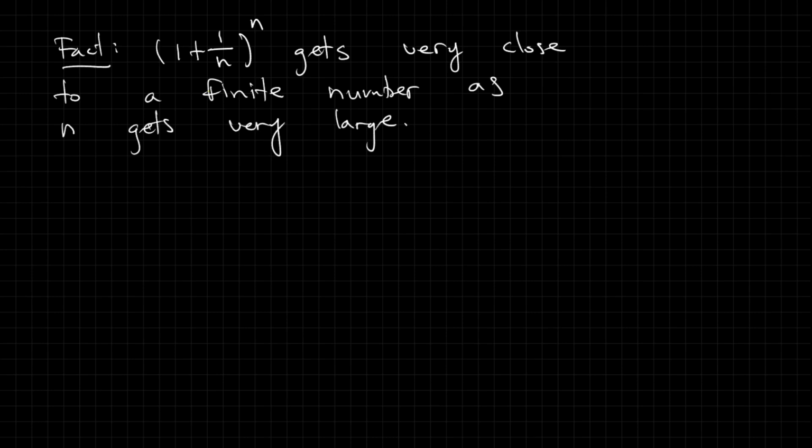That finite number is about 2.718. This little squiggle equal sign means about or approximately. And this number, that 1 plus 1 over n to the n gets very close to, comes up so often in mathematics that we have a special name for it.